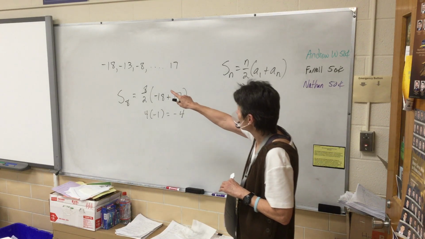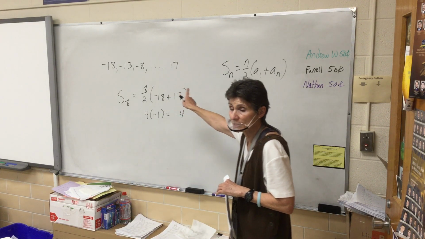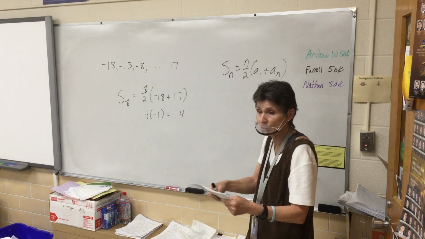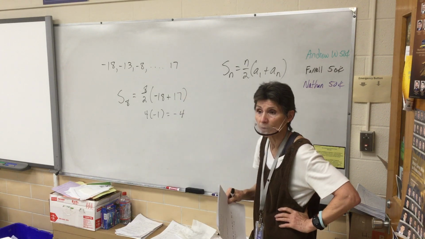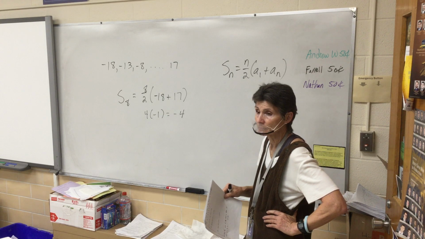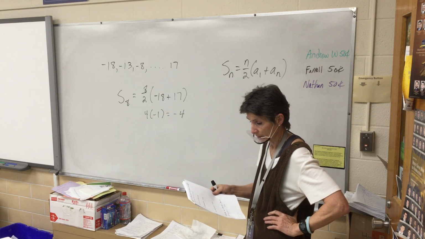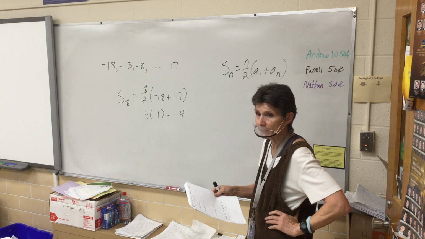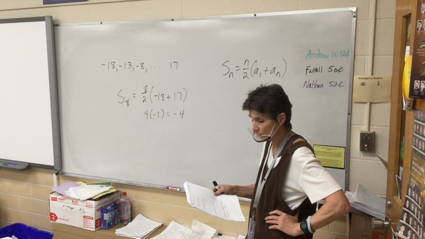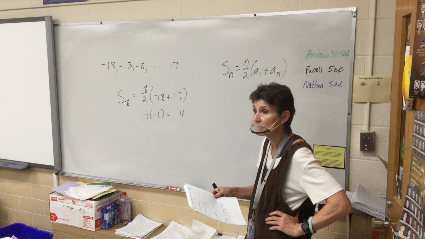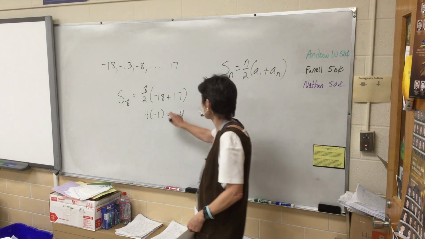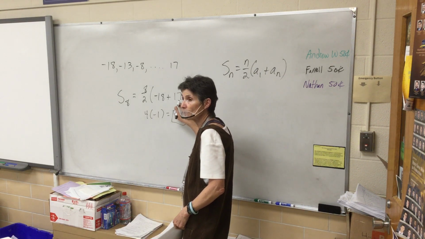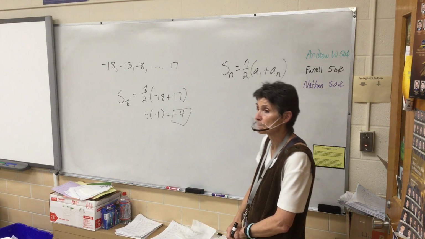So if we add up that whole list they gave you, you're going to come up with negative 4. I think that's pretty easy. Negative 4 is the answer. That's what I got when I plugged it into my formula.